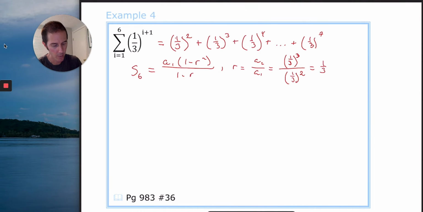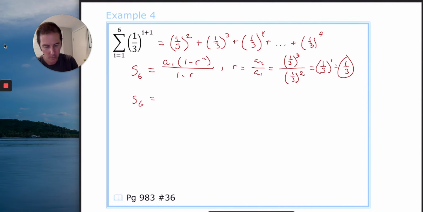That leaves me with 1/3 to the 1st power, which is 1/3. So either of those two methods would get you there. I chose to save the application of those exponents for later, and as it turned out, I only had to apply an exponent of 1. All right, I'm so fancy. So we've got a common ratio of 1/3. We know a sub 1, we know r. Great, let's start plugging in values.